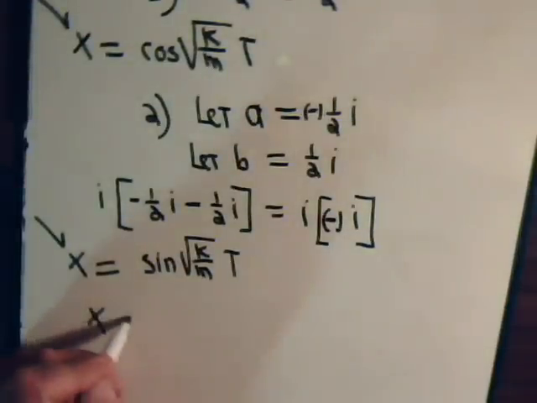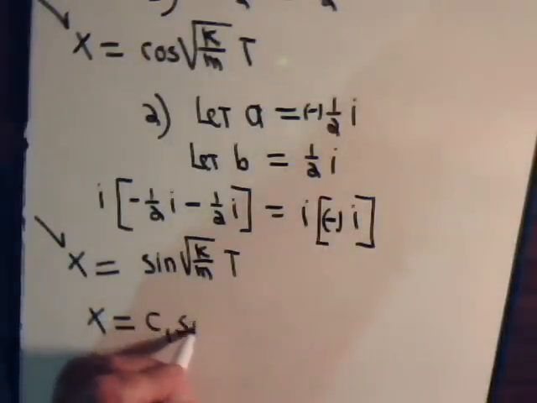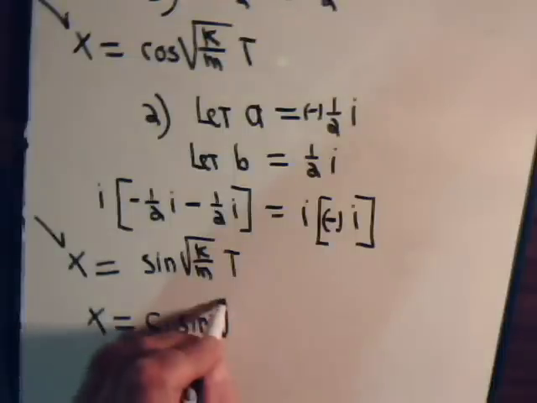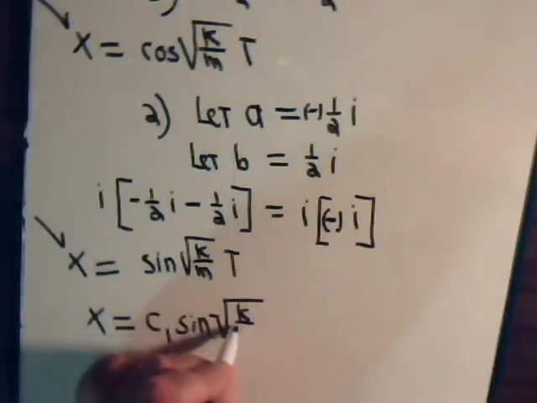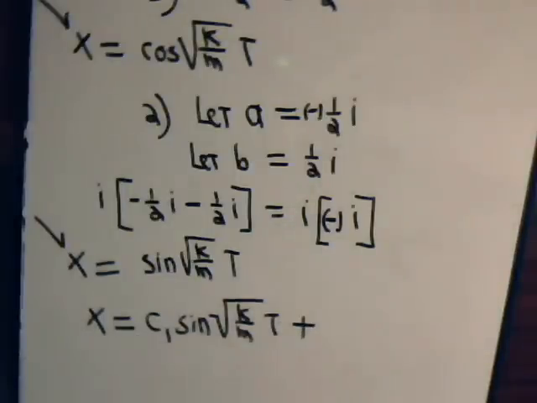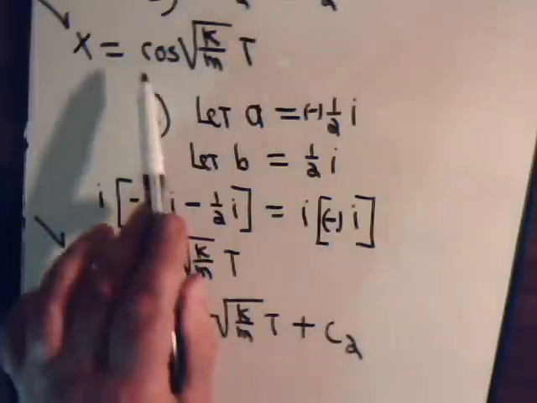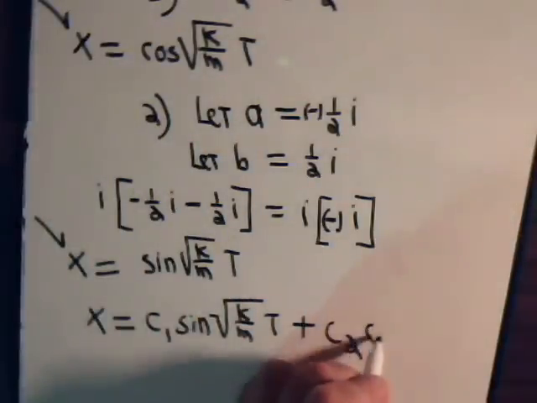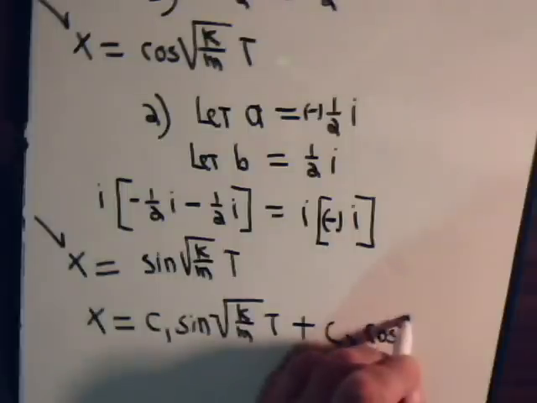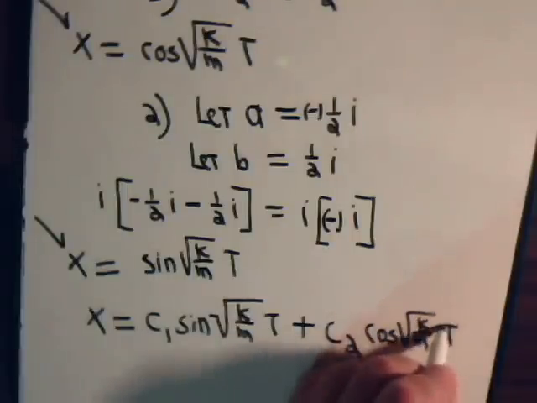So we have then x can equal any arbitrary constant times this, call it C1, times the sine of the square root of k over m times t, plus C2 times this, the cosine of the square root of k over m times t.